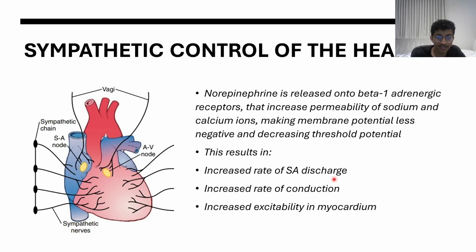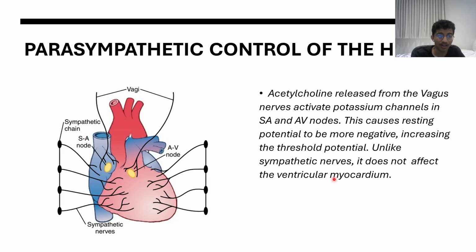It increases the rate of conduction, the velocity of conduction, and also it increases excitability in the myocardium. Like I said, this is also caused by sodium and calcium influx. Since the membrane is more permeable to sodium and calcium now, then it moves to the more positive values and becomes more excitable. And then we have parasympathetic control of the heart.